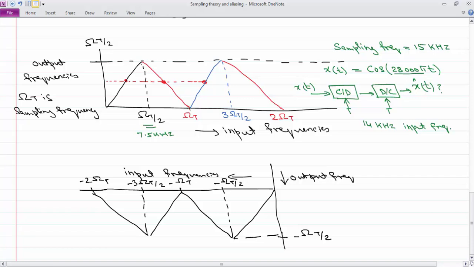This point is 15 kilohertz, and our input frequency is 14 kilohertz. So what is the output frequency going to be then? I will have aliasing, with my x hat of t having an output frequency of 1 kilohertz.